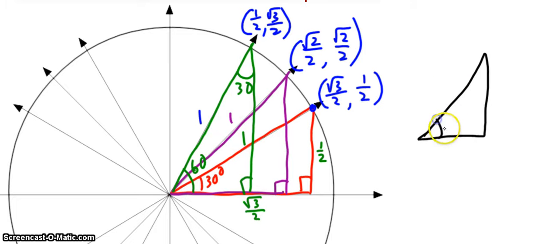If this is 60 and this is 30 and that's 90, if I know this is 1, this has to be 1/2 and this has to be √3/2. Right? And so that's this triangle in green here that I tried to draw.